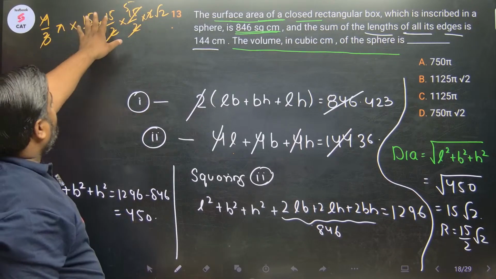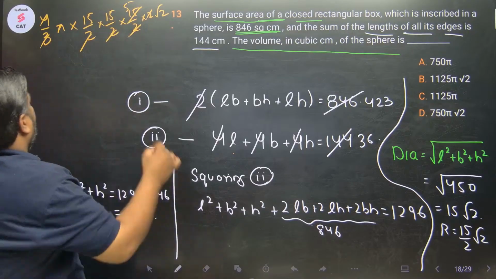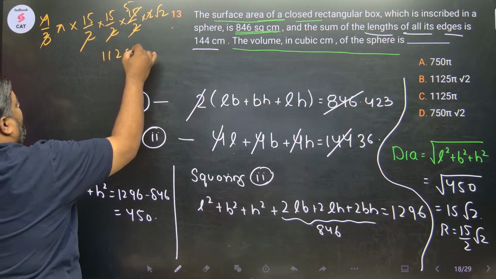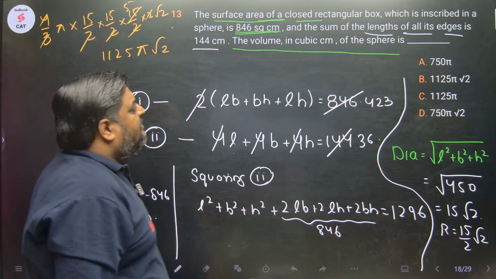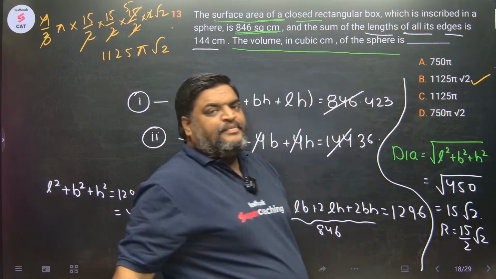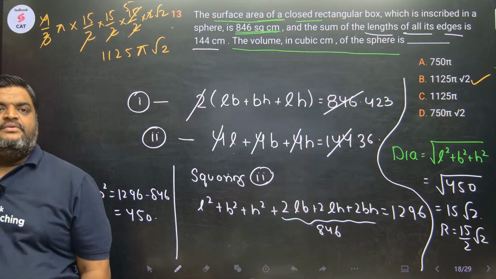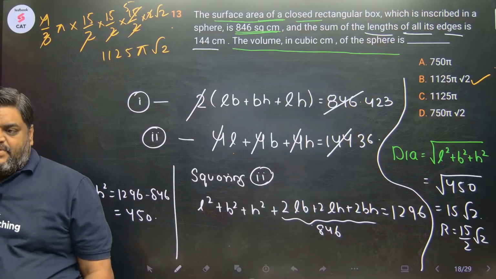So 15 15s are 225 into 5 is 1125, 1125 pi root 2. This should be the answer. Option B. 1125 pi root 2. Sorted. बोलो yes sir.